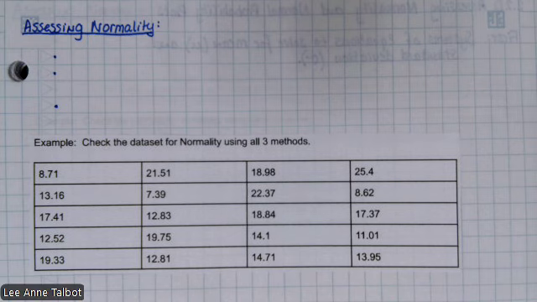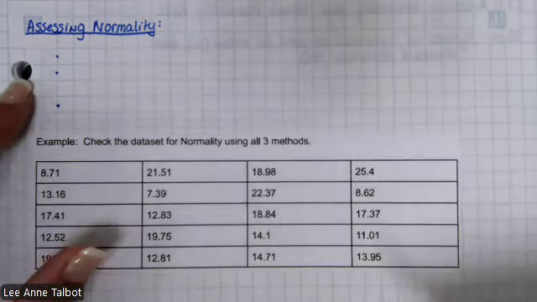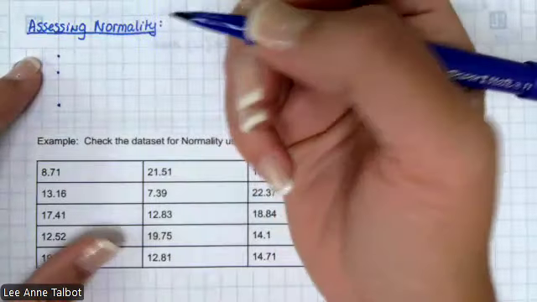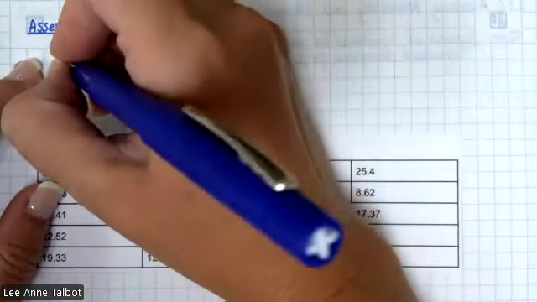We're going to take a data set, which I just made up, pretty sure I used ChatGPT for a bunch of numbers here, to assess it for normality. We're going to see if this data set fits the rules for a normal data set. There are three different methods, and we're going to start with the simplest one.